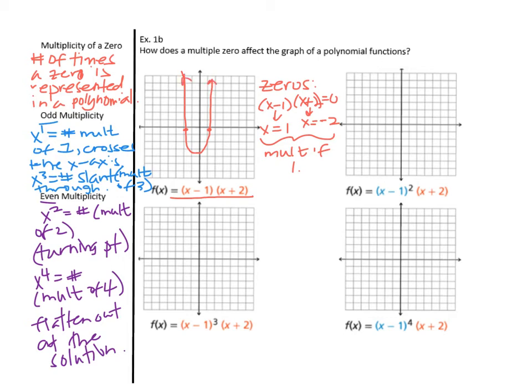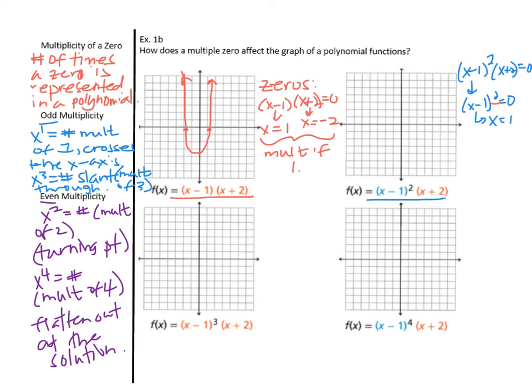Now to the right, similar idea, but just slightly different because now we have x minus 1 squared. In this example, to find our zeros, if we set x minus 1 squared times x plus 2 equal to 0, that first parenthesis, x minus 1 squared equals 0, you're only going to get one solution, x equals 1.